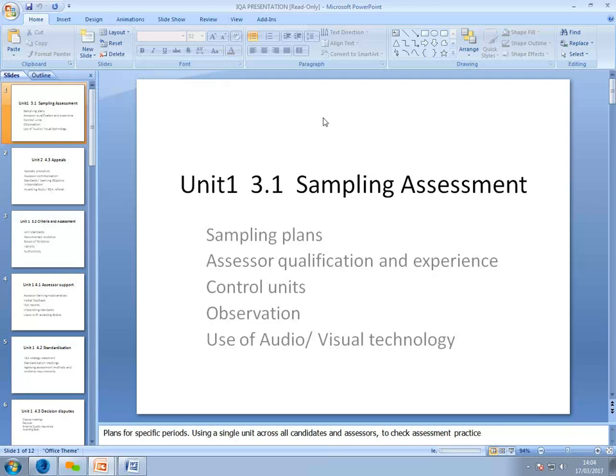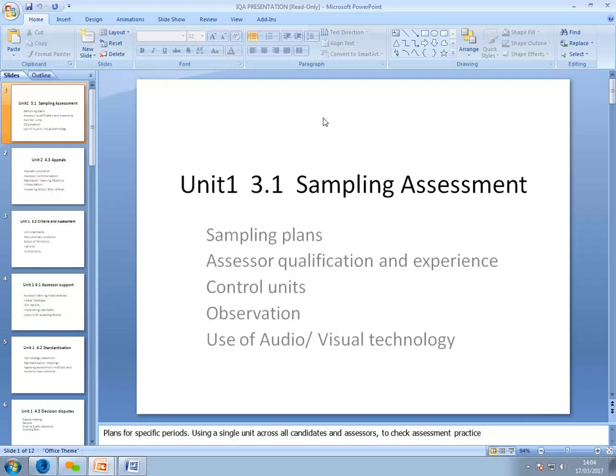Having said that, it is usually good practice to have a control unit. To give you an example, on the level 5 teaching and learning program that some of you are on, Unit 1 is probably the biggest unit in the qualification. It's got about 8 learning objectives in it, and it has a lot of elements within those.